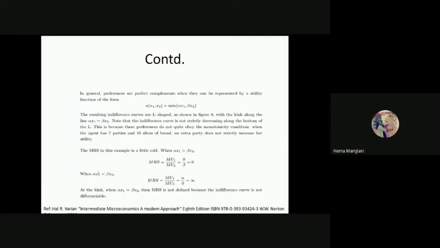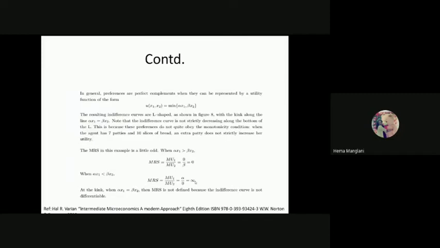Now here also, if your alpha x1 is less than beta x2, then your marginal utility of 1, that is alpha, would remain positive, but marginal utility of 2 would be 0 in this case, and then you will get the value of infinity. So in either position, if you fluctuate, then in both ways you will get either a 0 value or an infinity value for the MRS with perfect complement goods.